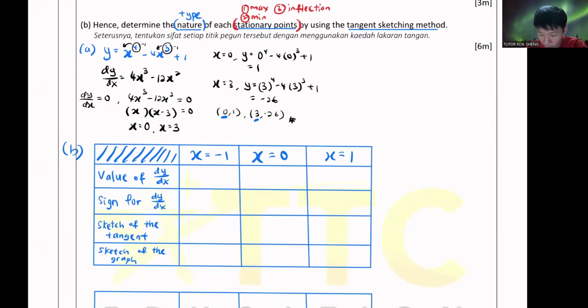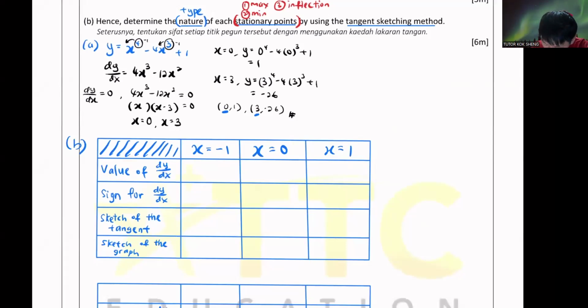Okay, so let's continue here. Now for the rest of this column, what do we need to fill inside? Very simple. First one, the value of dy/dx, which means now you have to sub these 3 numbers into the x of dy/dx to see what the value is.